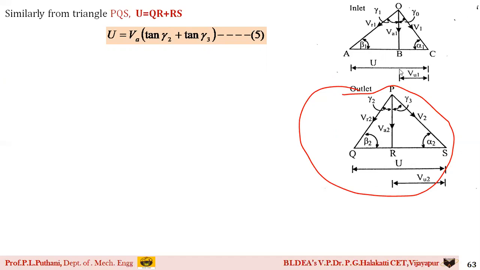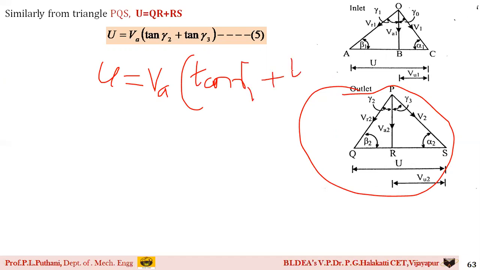Now if I equate equation 4 and equation 5 together, what is our equation 4? Our equation 4 is U is equal to VA into (tan gamma 1 plus tan gamma naught). If I equate both together, VA gets cancelled, and we are left with tan gamma 2 plus tan gamma 3 is equal to tan gamma 1 plus tan gamma naught.